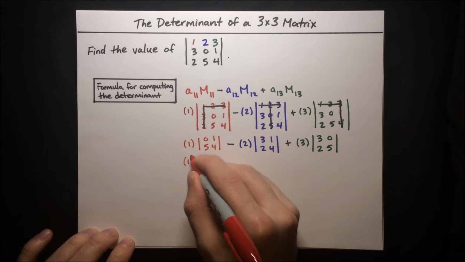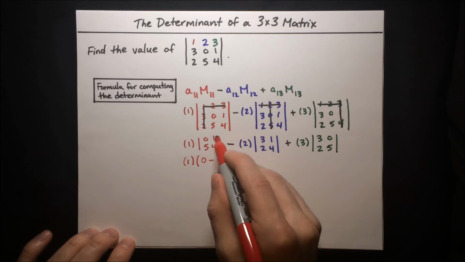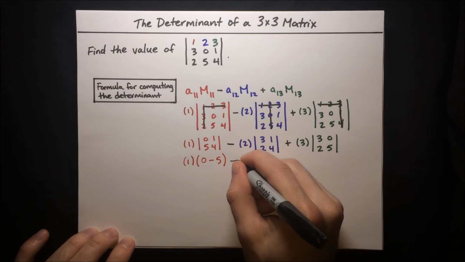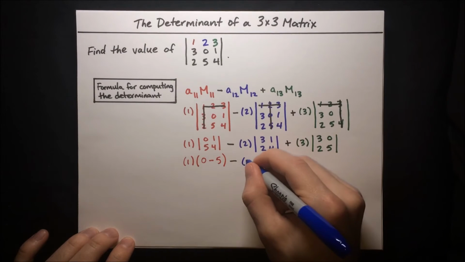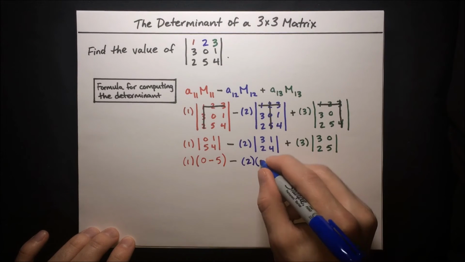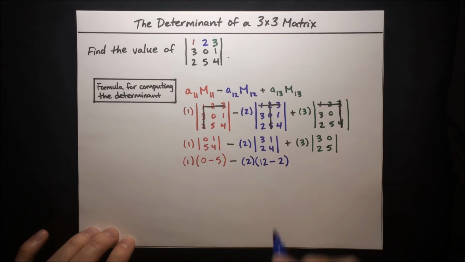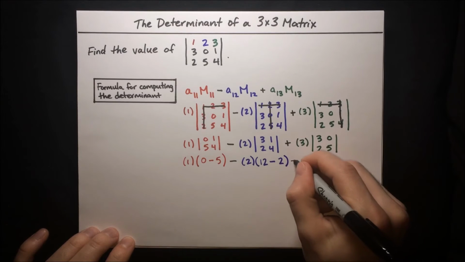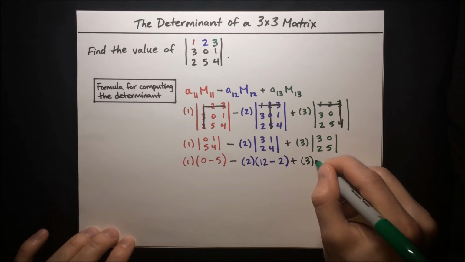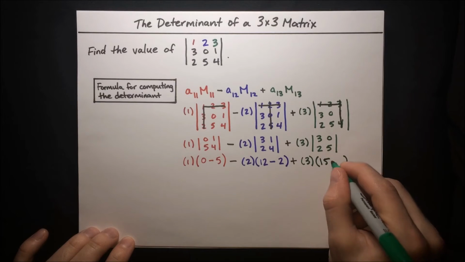So here we've got 1 times product of 0 and 4, that's just 0, then minus product of 1 and 5, which is just 5, and then minus 2 times the determinant of this 2x2 matrix, which is just this product, 3 times 4, 12, minus the other diagonal product, 1 times 2, which is 2, and then plus our last term here, 3 times the determinant of this matrix, which is just 3 times 5, 15, minus 0 times 2, which is 0.